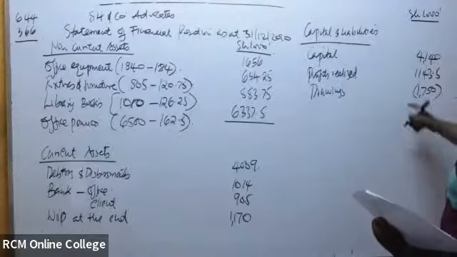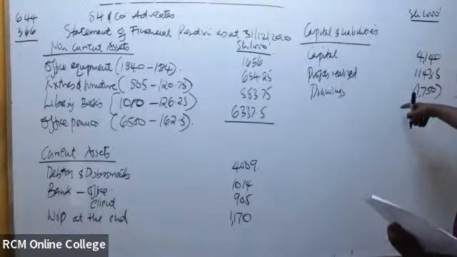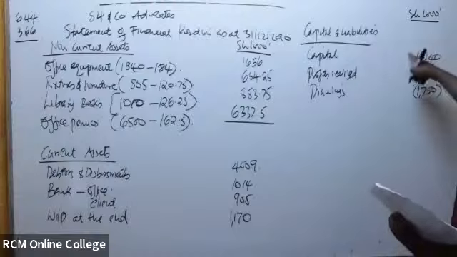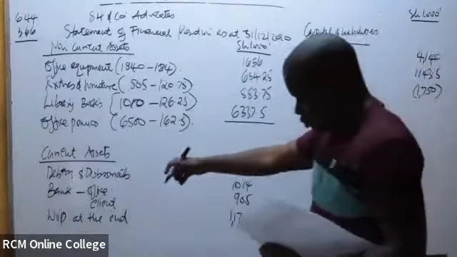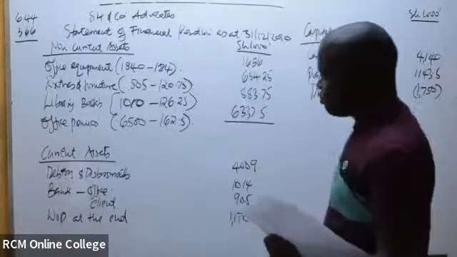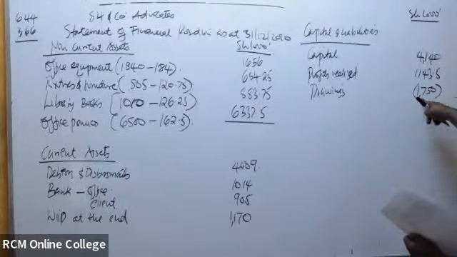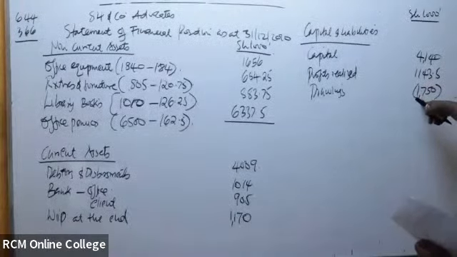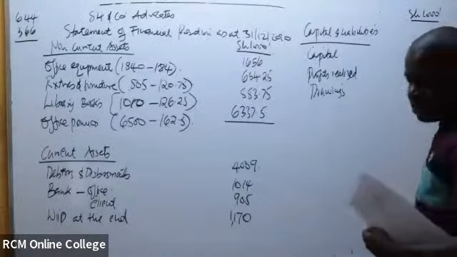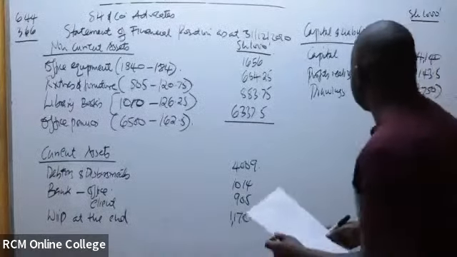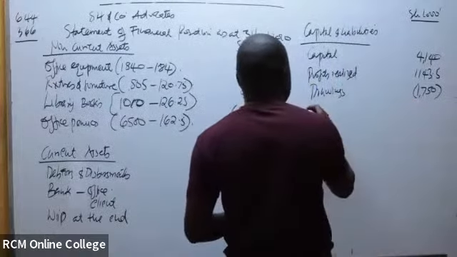So when you draw money and use it for personal use, you are depleting your capital in the business. You remember note 9, the cash book, credit 1750. So the partners drew the money from the business, and that affects the capital there. Then we can go to non-current assets.